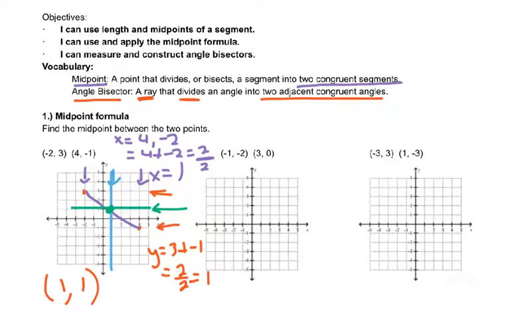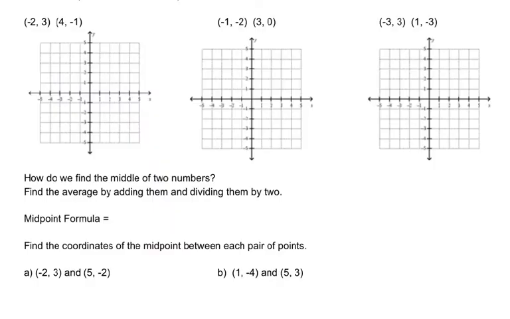I'm going to do a few more, but I'm going to give you the formula. How do we find the middle of two numbers? We find the average by adding them and dividing by 2. So essentially, all the midpoint formula is, is averaging your x coordinates and then averaging your y coordinates. You'll see it written like this. There's going to be 2 large parentheses.